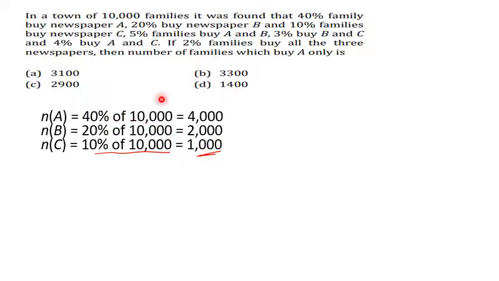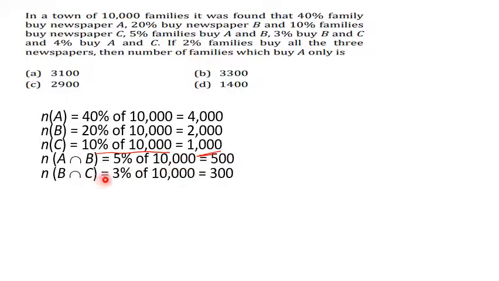We are converting what was given in percentages into numbers. n of A is 4,000, that is families who read newspaper A is 4,000, n of B is 2,000, families who read newspaper B is 2,000, families who read newspaper C is 1,000, and number of A intersection B, that is 5% of 10,000, families who read A and B, becomes 500.